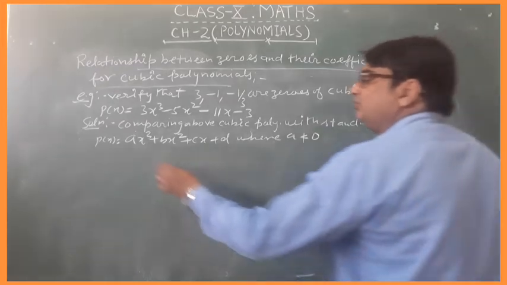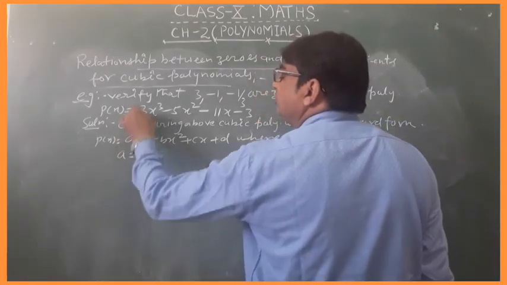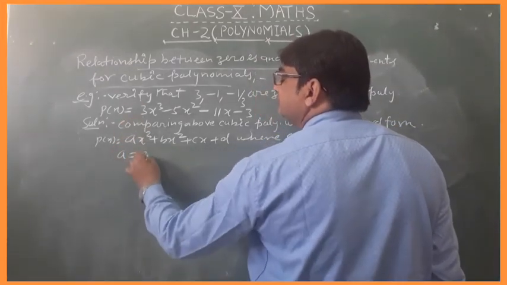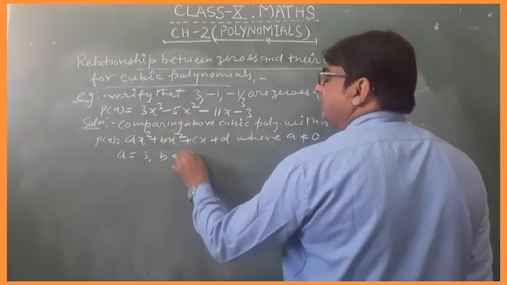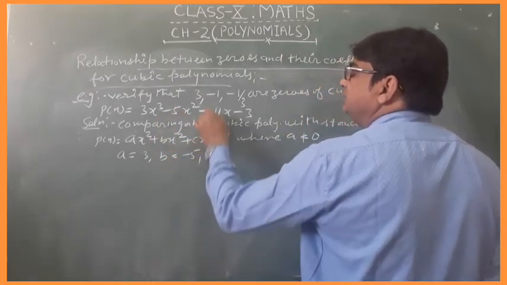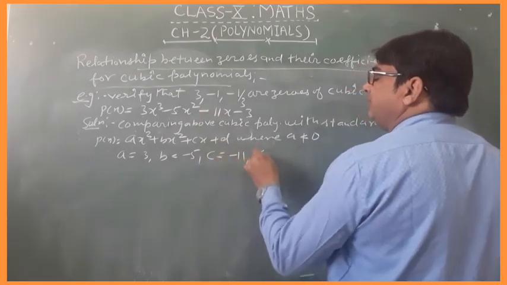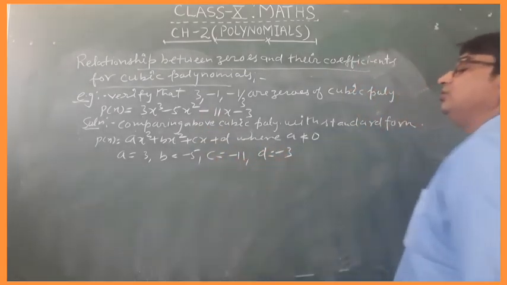Here a is equal to 3, b is equal to minus 5, c is equal to minus 11 and d is equal to minus 3.